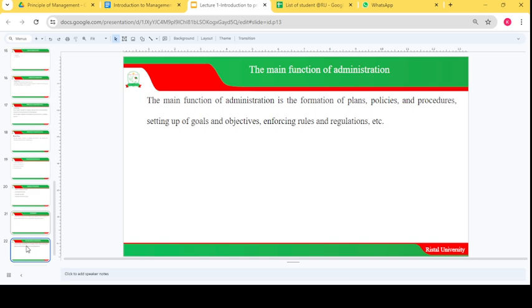So what are the main functions of administration? So the main function of administration is the formation of plans, policies and procedures, setting up of goals and objectives, enforcing rules and regulations.